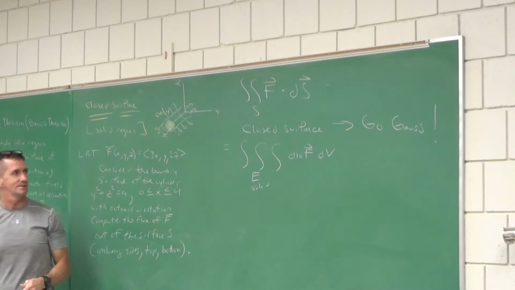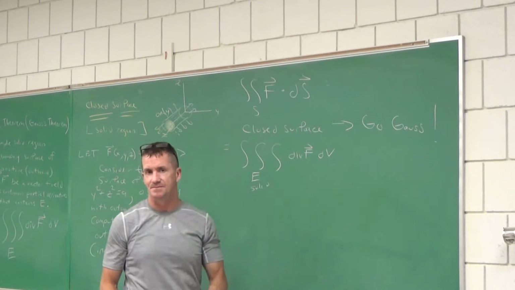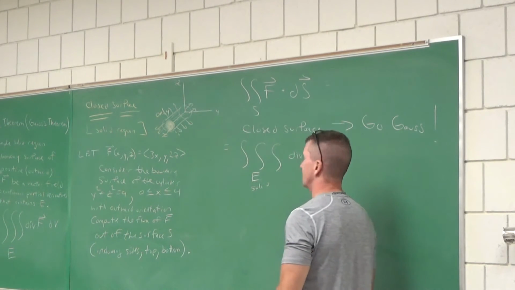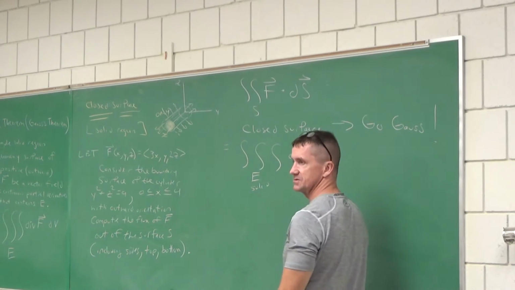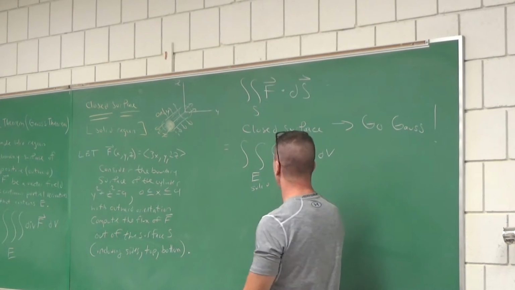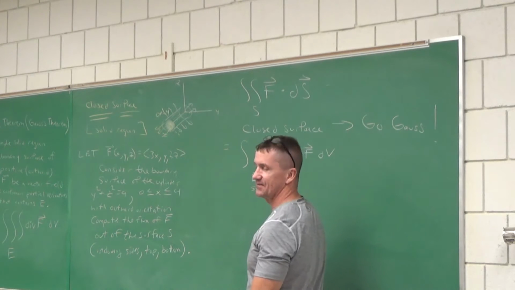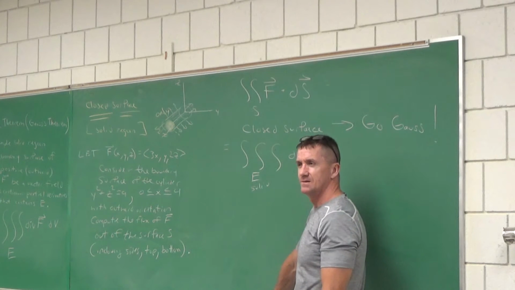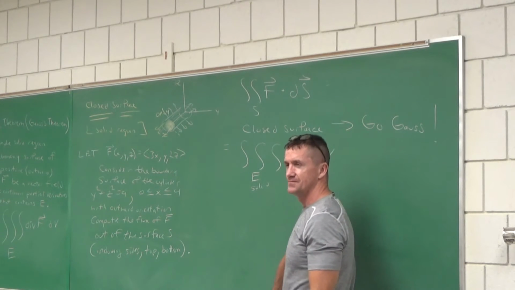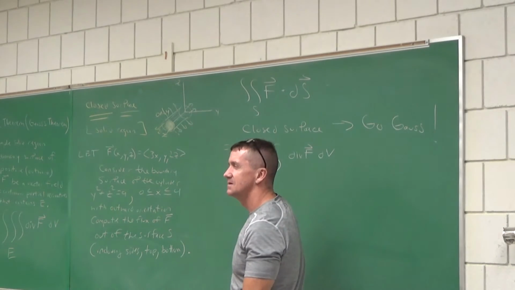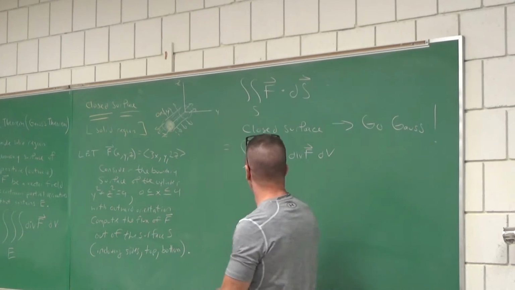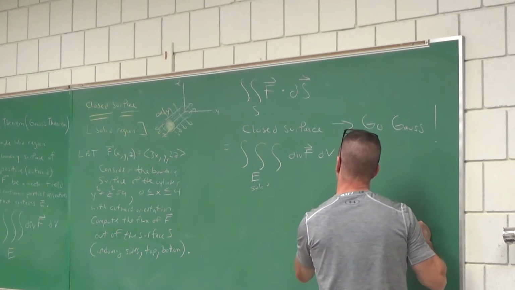All right. Ready to set this thing up? Well, first we have to review divergence. What is divergence of a vector field? Does that find a scalar or a vector? Divergence of a vector field finds a scalar. And what it is, I'll put it right here.